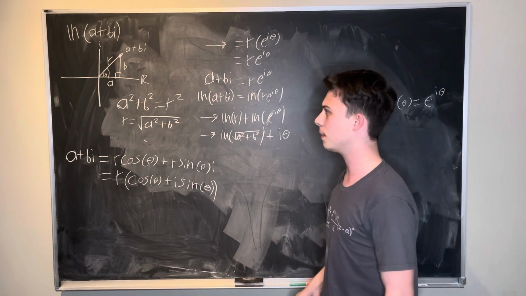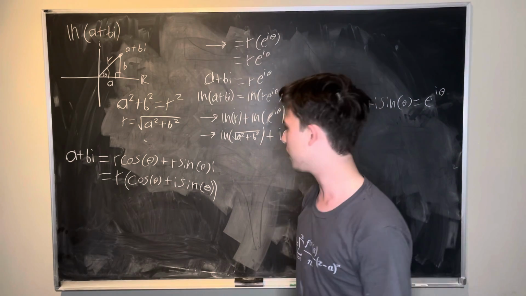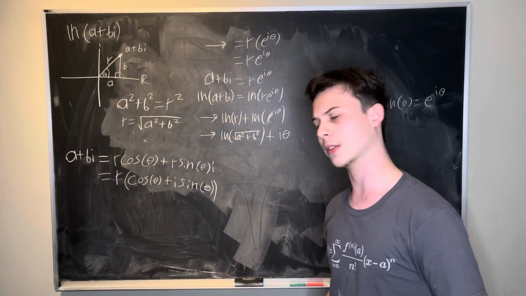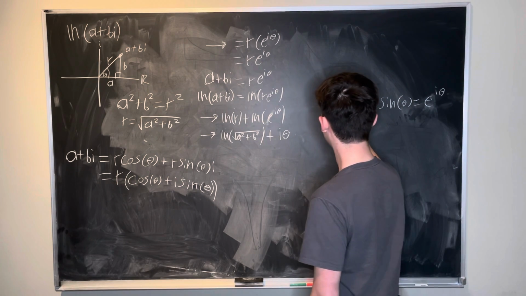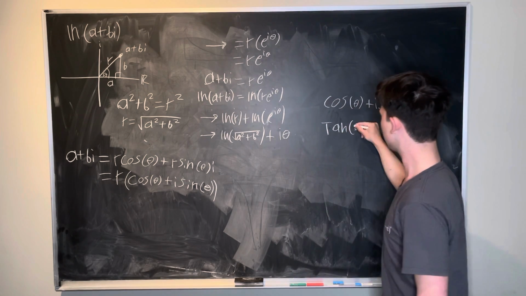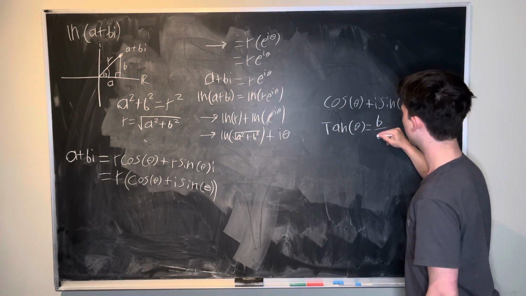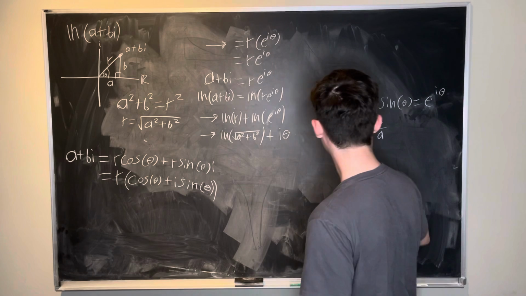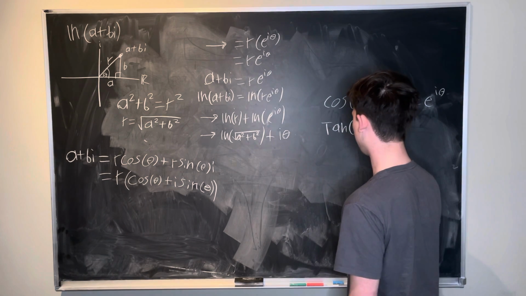And now we have another evident problem, and that's the fact that we have theta. And this might seem like we've hit a dead end, but in all reality, all we need are the inverse trigonometric functions. So, let's take the fact that the tangent of theta is equal to b over a. And let's take the arctangent of both sides, or the inverse tangent. We take the arctangent of the tangent, we get theta.